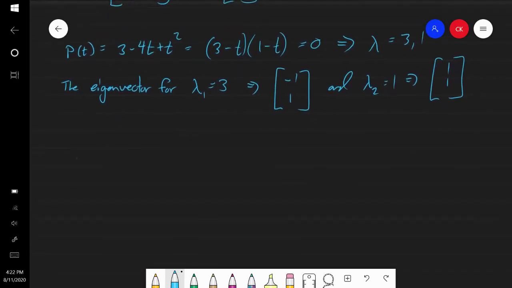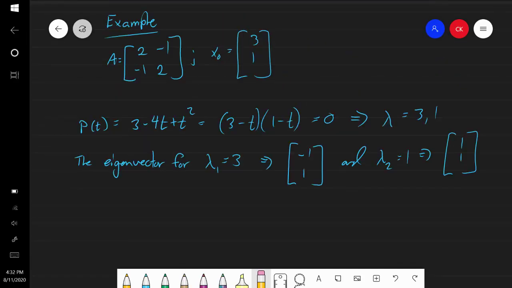So that means we can rewrite x sub 0 as a linear combination of those two vectors, which will require us to find a couple of coefficients. So we want x0 to be equal to a1 times (-1, 1) plus a2 times (1, 1).